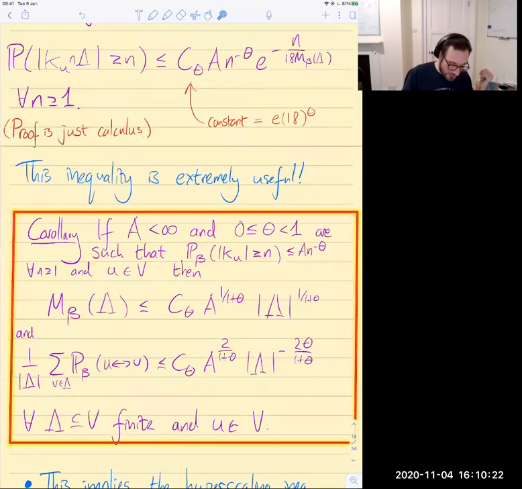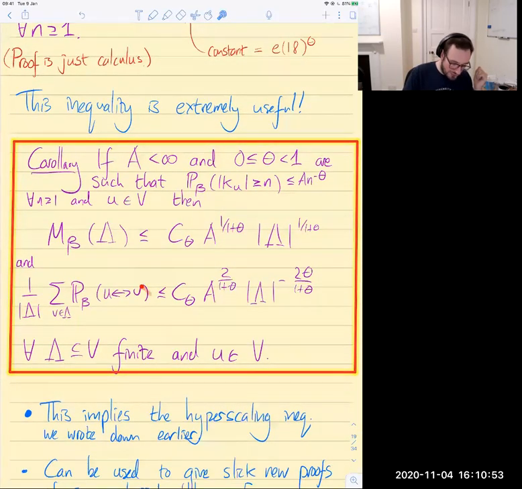Then for any lambda, the typical value of the maximum cluster is bounded by the volume of lambda to the power 1 over 1 plus theta. You also get some theta dependent constant, and this constant a becomes a to the 1 over 1 plus theta. We also get this averaged 2-point function bound, where now the power is the volume of the set to the minus 2 theta over 1 plus theta.